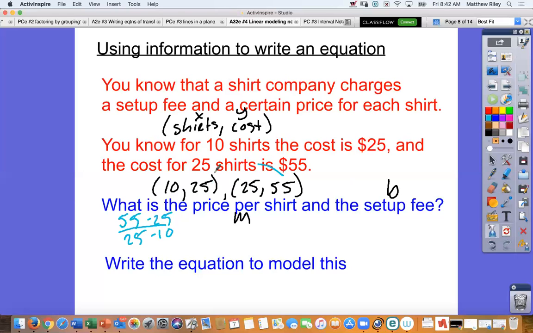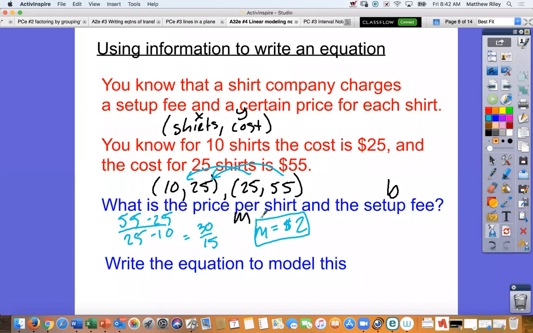Again, y2 minus y1 over x2 minus x1. So 55 minus 25 is 30 over 15. So I know that my slope is $2. Putting it back in context, my price is $2 per shirt.